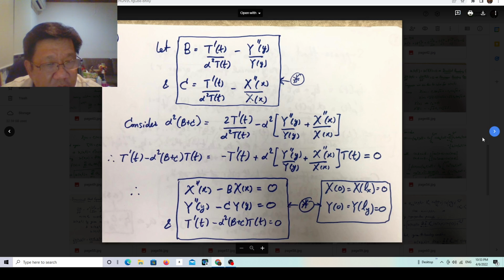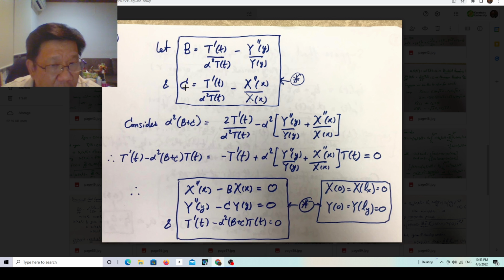Okay, to simplify the problem, suppose capital B is this function, capital C is this function. And then if you consider alpha square times B plus C, you're gonna end up at this. Why do you have B plus C like this?